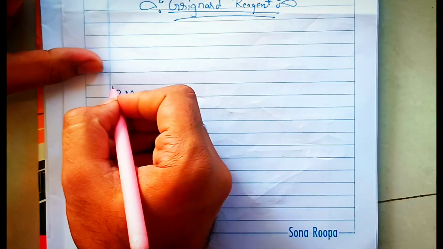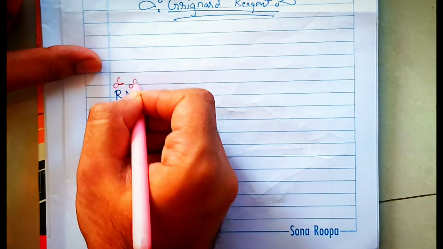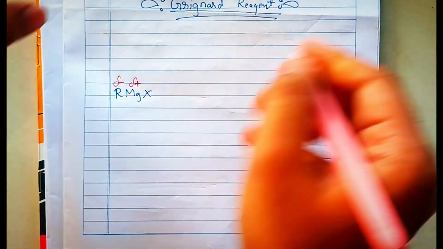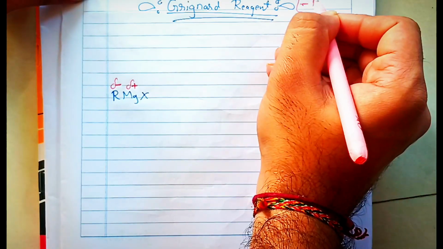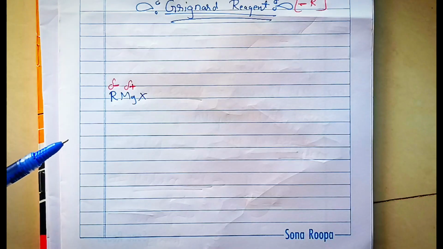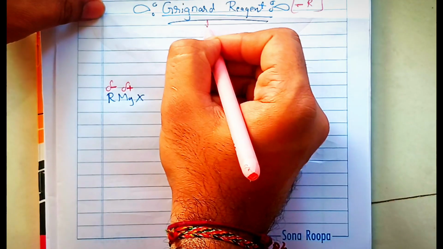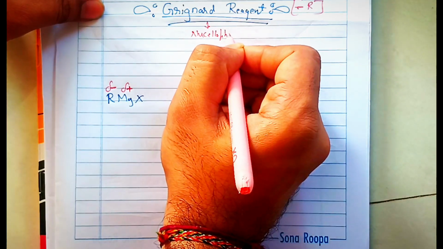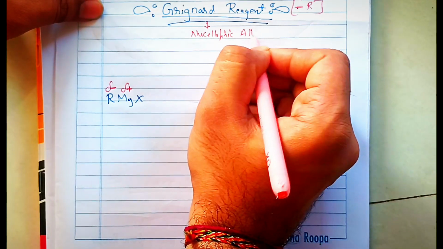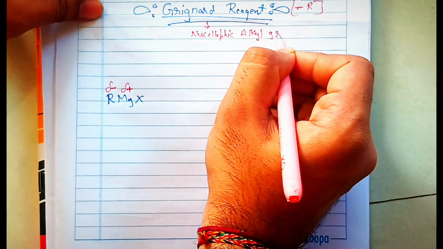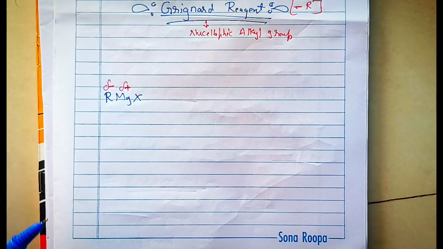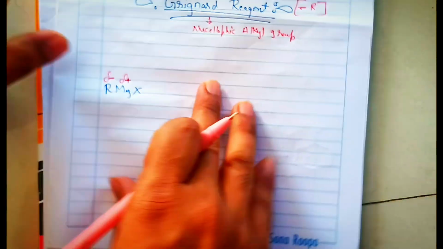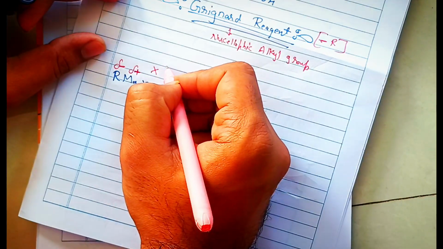You can see that here it will be negative, here it will be positive. So only the Grignard reagent will give R minus, and R minus means a nucleophilic alkyl group, right?